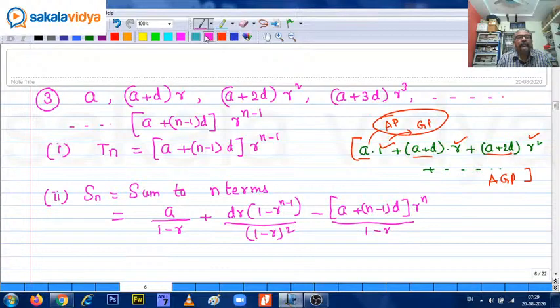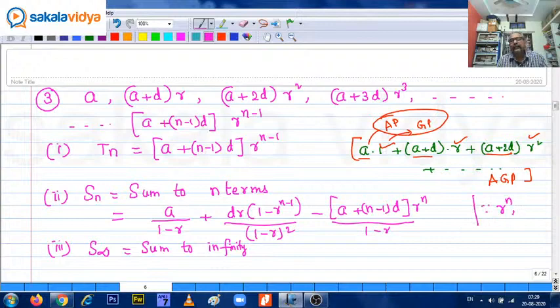Next we can find out sum to infinity also, because this is the geometric progression. Sum to infinity means here this r to the power of n and r to the power of n minus 1 becomes 0. So this becomes 0, this becomes 0.